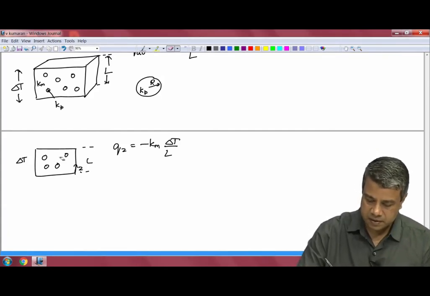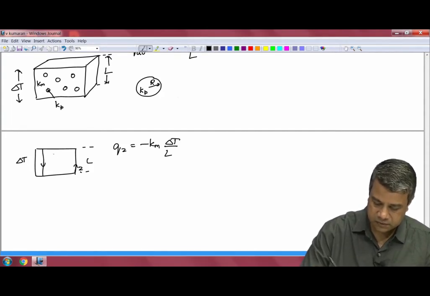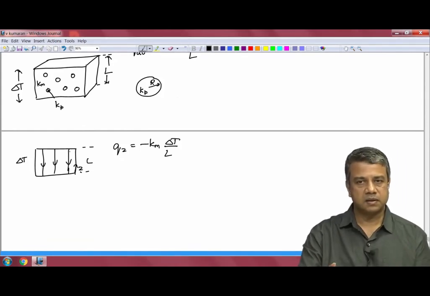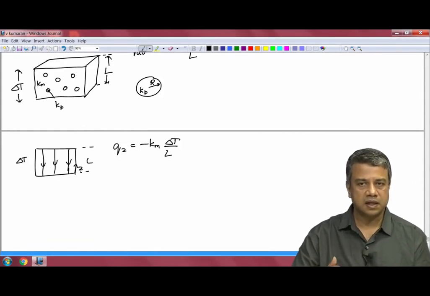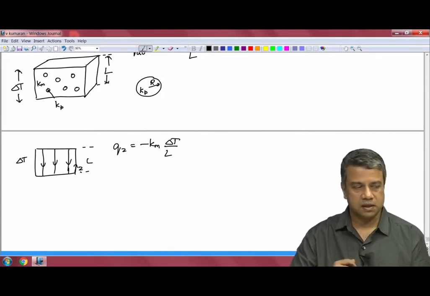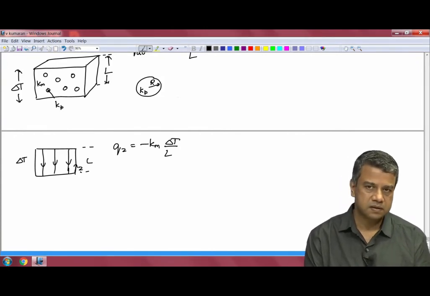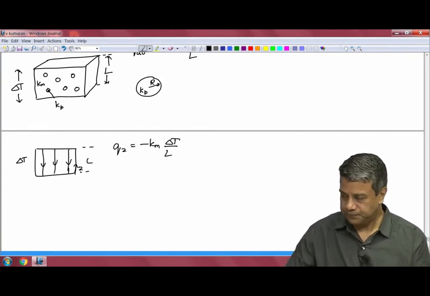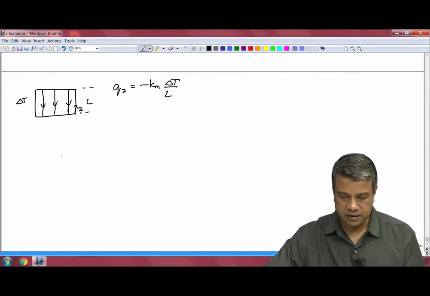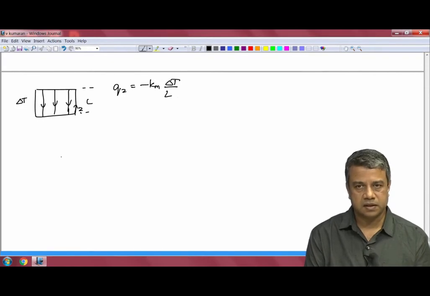So, in the absence of particles, the heat flux lines will just be straight lines that go from one surface to the other. The heat is being conducted only along the z direction, because that is the only direction in which there is a temperature variation. Therefore, the flux lines are straight lines which have direction along Ez.